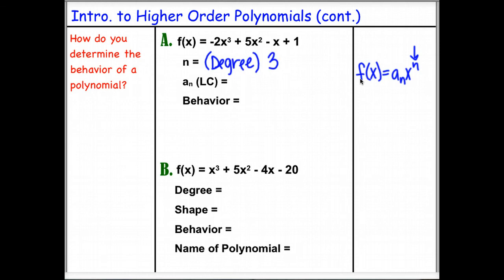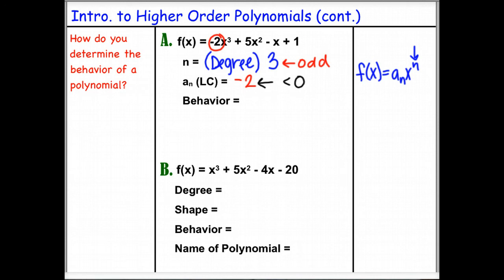Then for a sub n, which is LC, our leading coefficient, that would be this right here, so negative 2.